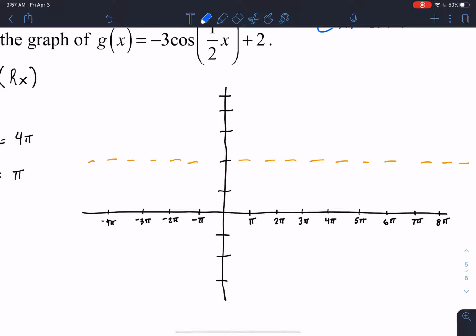So that's going to go to negative 1. That's my low point. So pi would be my axis. 2 pi is going to be 3 higher, which will put me at 5. 3 pi axis, 4 pi low. 5 pi axis, 6 pi high, 7 pi axis, 8 pi low.